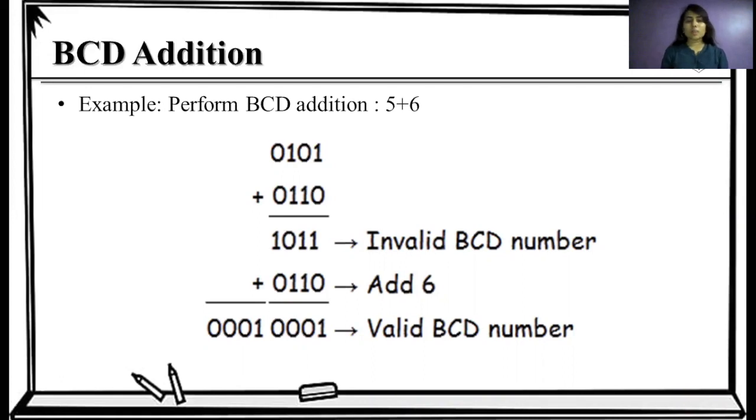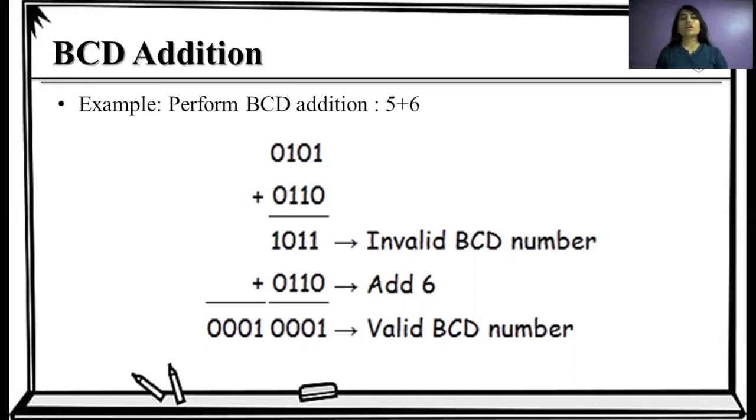This number 1011 is greater than 9. A BCD number greater than 9 is an invalid BCD number, and for correct BCD format we have to add 6, that means 0110. Why 6?